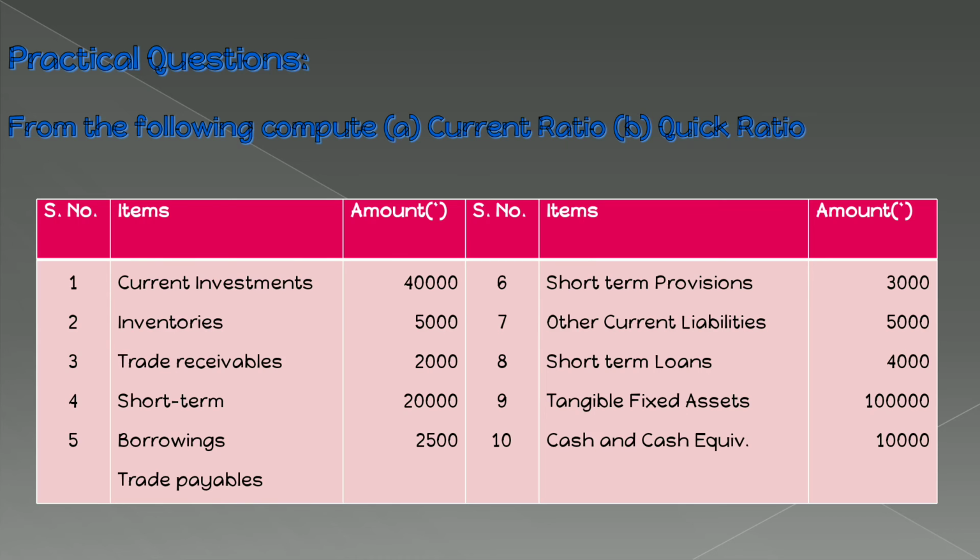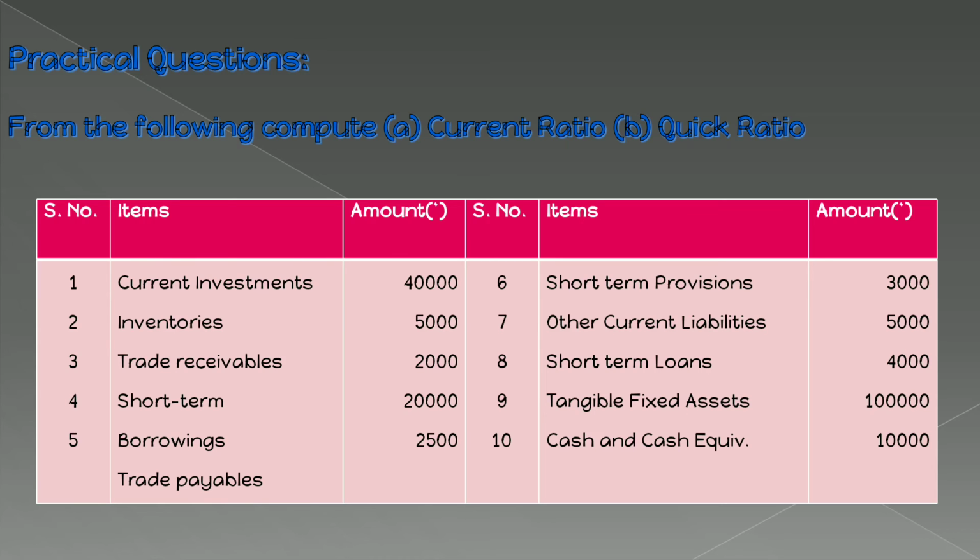Short term borrowings, is it an asset or a liability? So it will not be included. Trade payables, again it is a liability. Short term provision, again part of current liability. Other current liability, again part of liability. Short term loans, yes, short term loans and advances is a head inside current assets, so it will also be included.